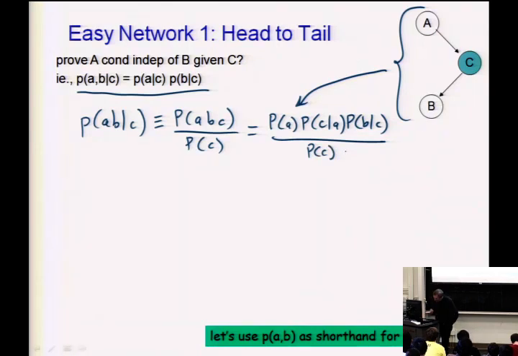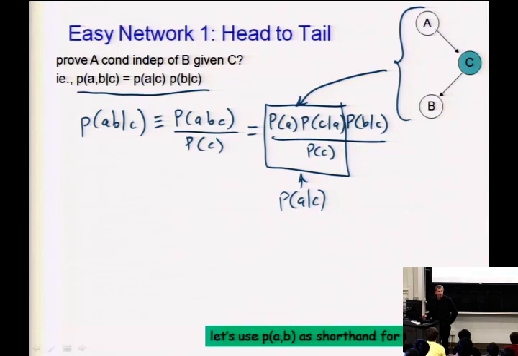But now, here's the cool thing. That's just the probability of A given C. That numerator could also be written as, and that box thing could also be written, therefore, as, which is, of course, the definition of that.